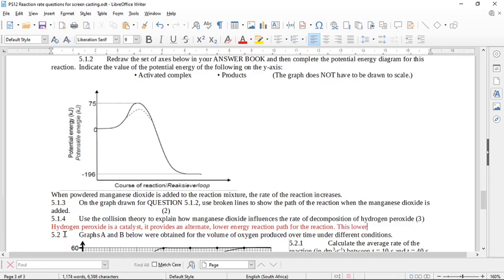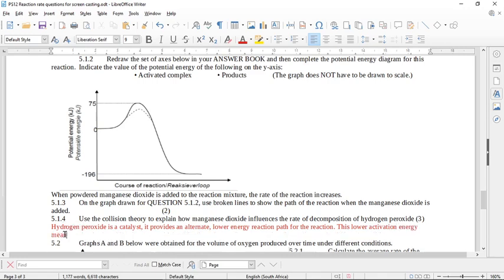This lower activation energy, goodness my typing, this lower activation energy means that more reactants have activation energy or greater.